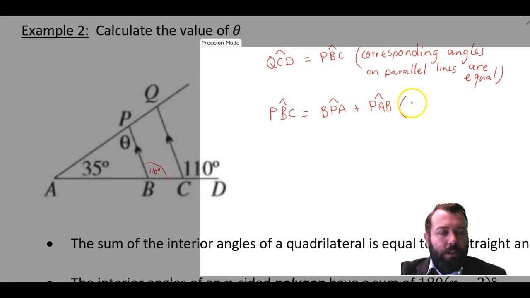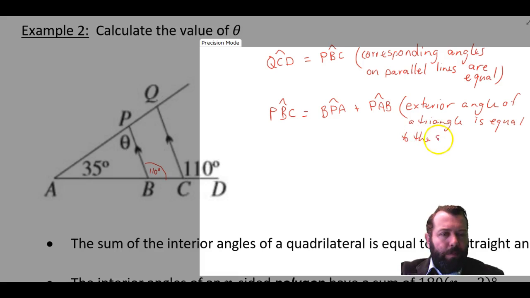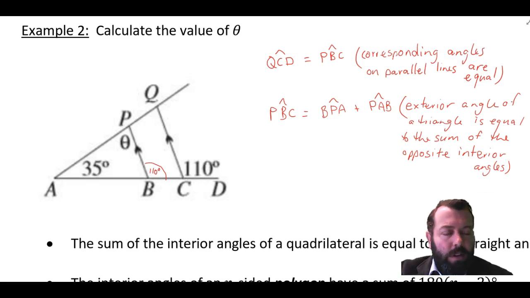Now, my justification for that is that the exterior angle of a triangle is equal, this doesn't have to be word for word, to the sum of the opposite interior angles. Maybe not word for word from the notes, but clear enough.